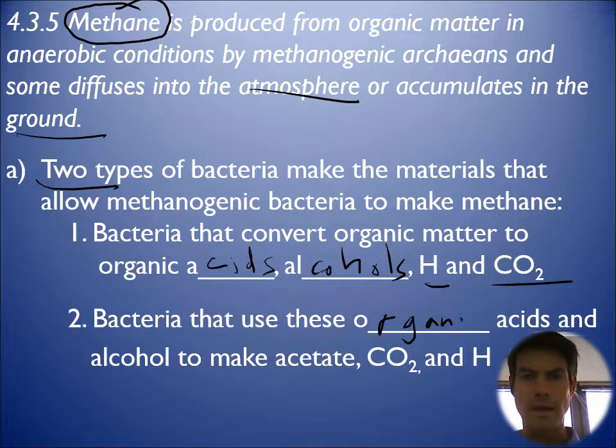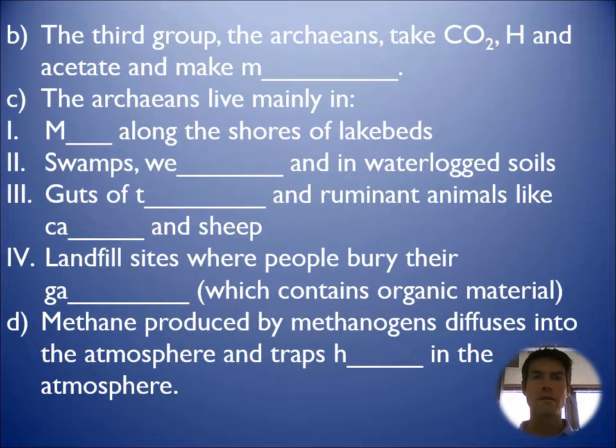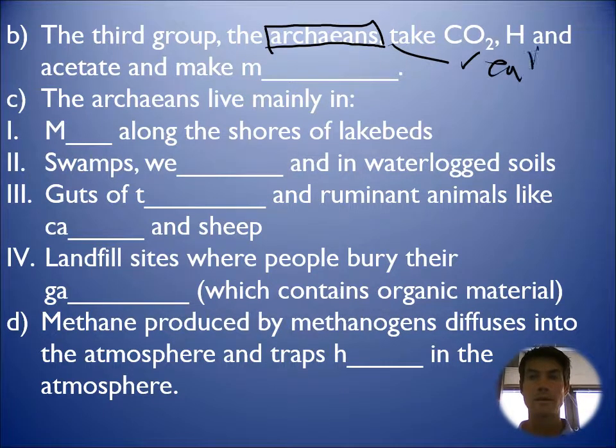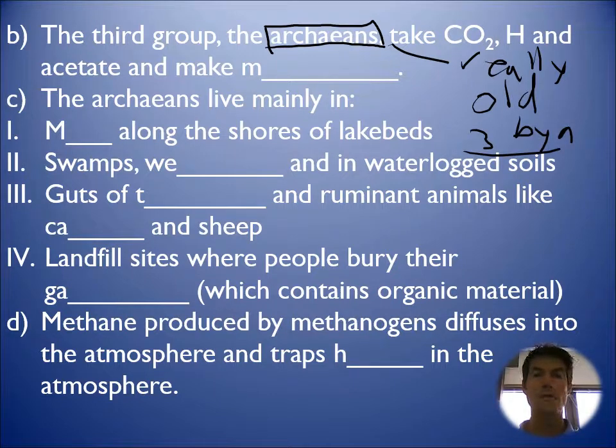Others use these organic acids to make acetate and carbon dioxide. And this is a third group. So you have regular bacteria, and then you have really old bacteria. Really old, probably 3 billion years ago they came about. But they make methane.